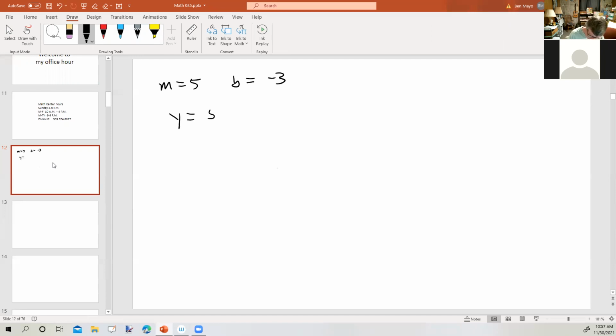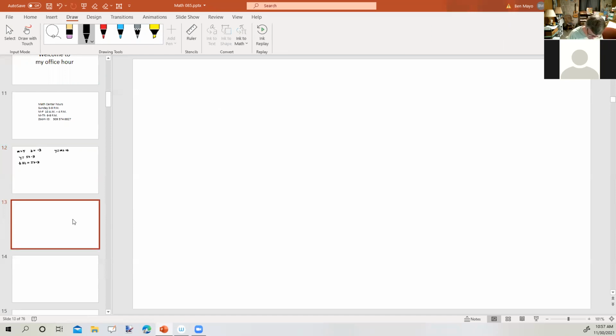So y equals 5x minus 3, or f of x equals 5x minus 3. I'm using y equals mx plus b, slope-intercept form. Okay. How about one that has a slope of 1/5 and it passes through the point (10, 1). Okay, so y equals mx plus b, 1/5 goes in the place of m.